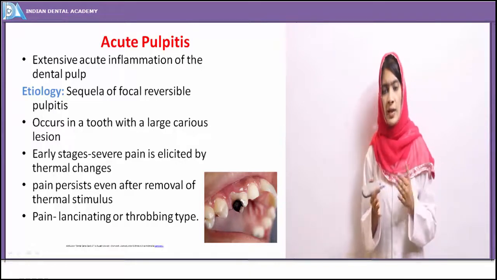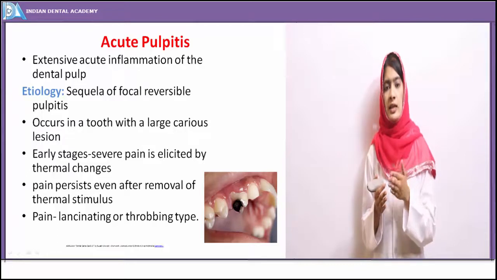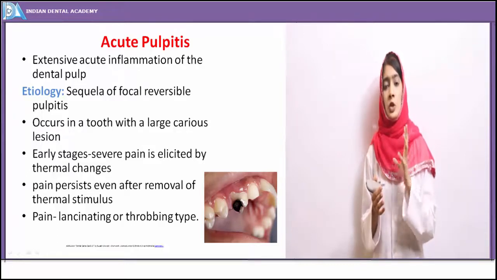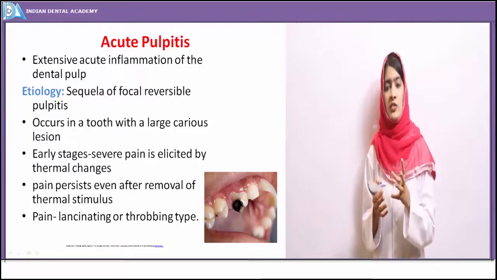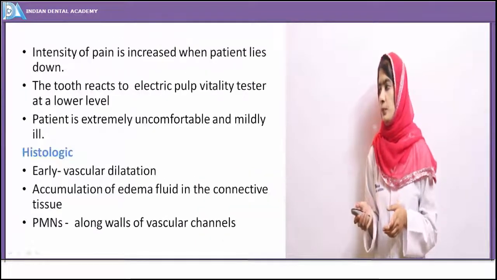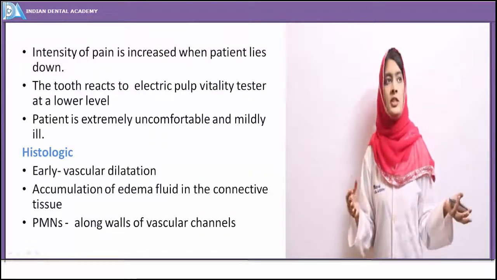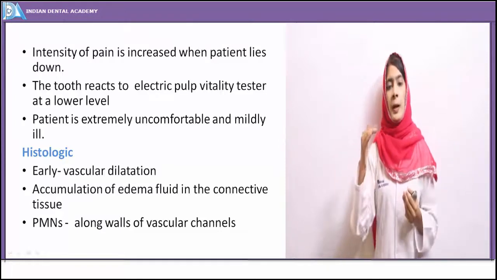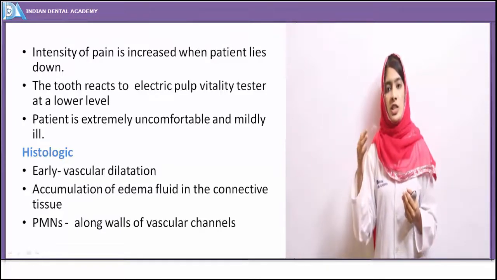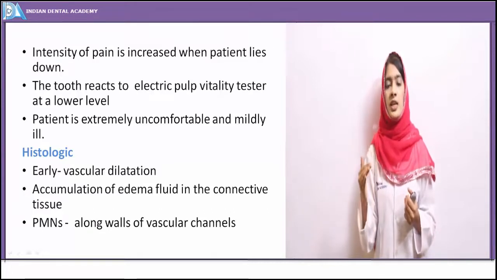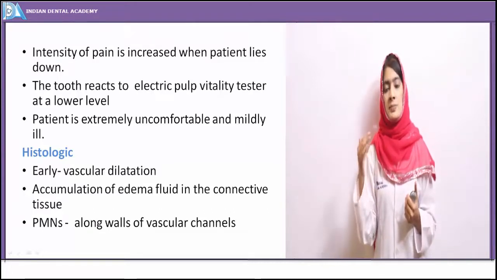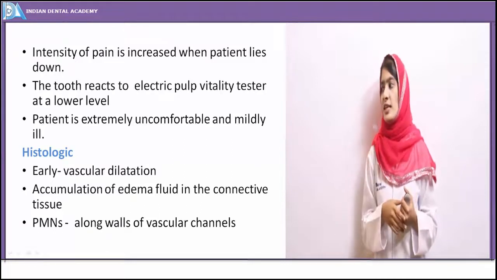The pain may be deep, throbbing and lancinating, denoting its severity. Whenever the patient lies down, the pulpal pressure tends to increase, and the patient will experience severe symptoms, that is, pain will be increased when the patient lies down.